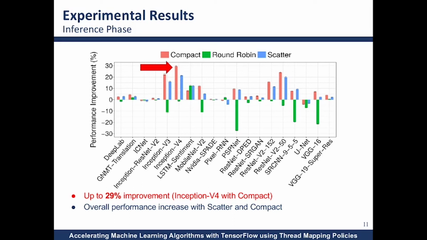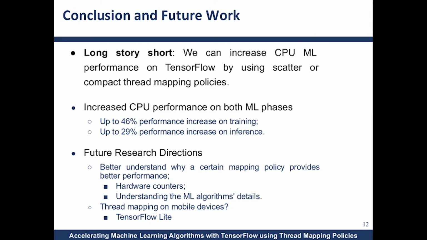Again, the two policies, scatter and compact, seem to consistently either increase performance or not harm the performance of the algorithms and models. And again, round robin in some cases increased performance by a small margin. In one case it increased by a lot, but often it decreased the performance of the models.